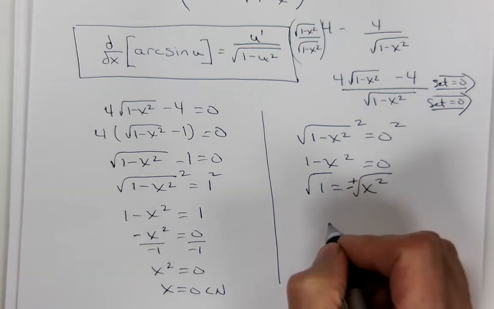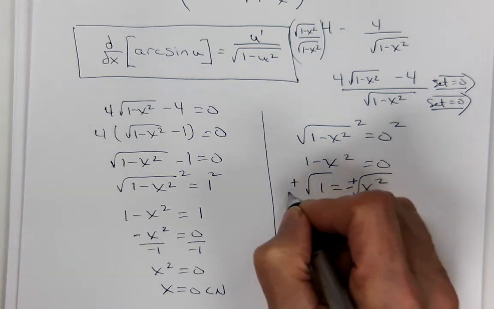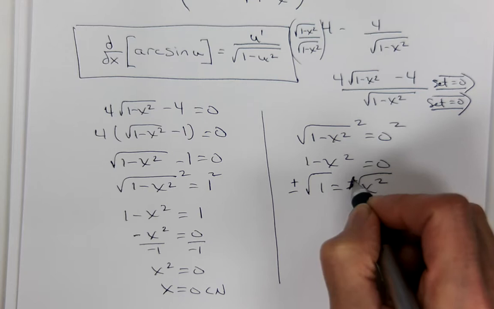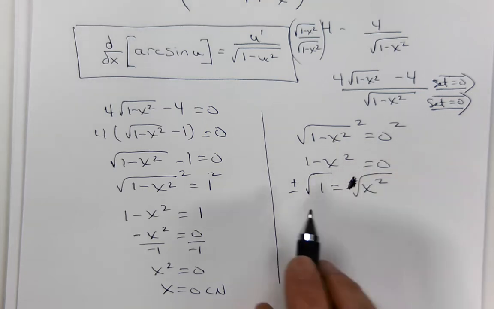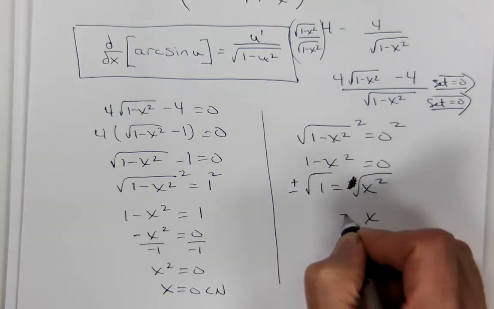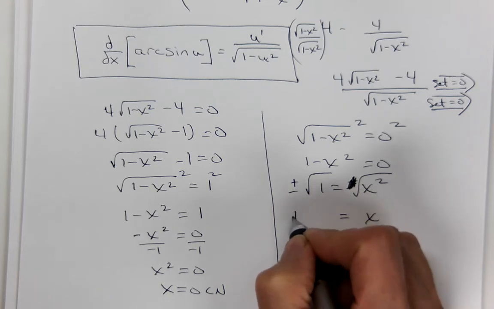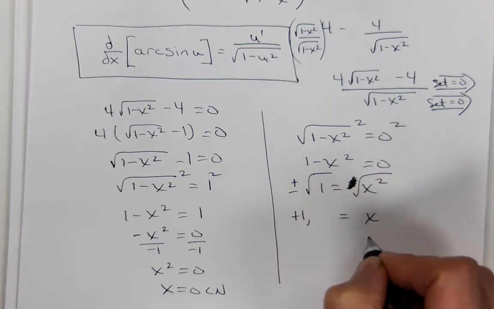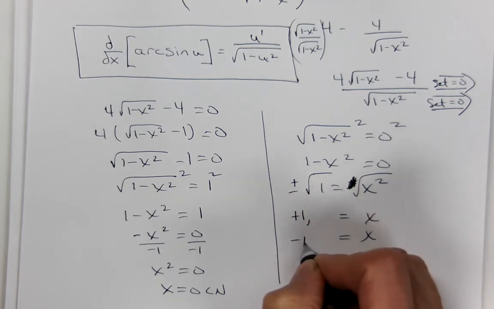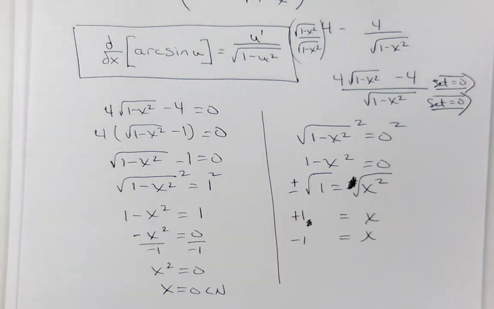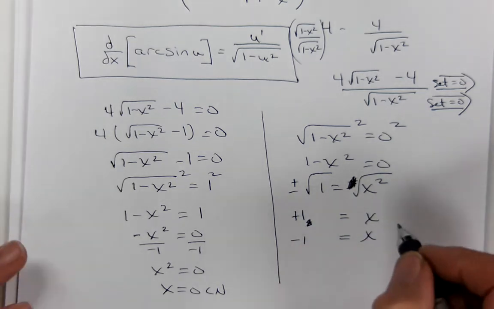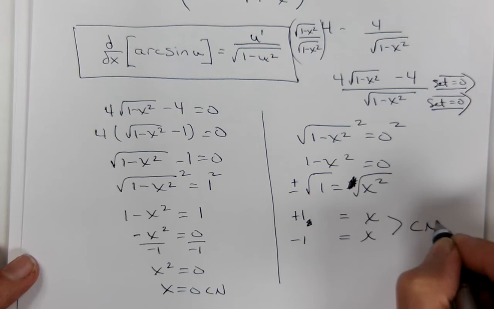So x on the right is equal to positive 1, and also x is equal to negative 1. Two answers. And these are also critical numbers.